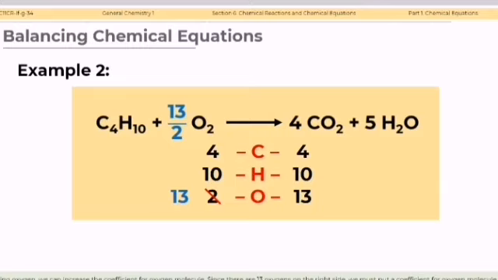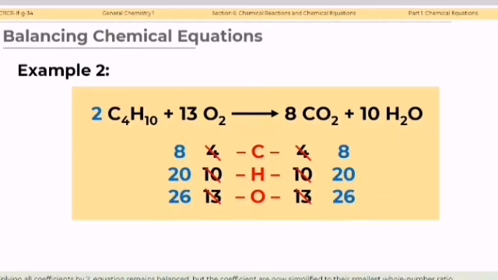However, in writing equations, coefficients are customarily written in their smallest whole number ratio. To cancel the denominator 2 in the coefficient for oxygen, we can multiply all the coefficients by 2.